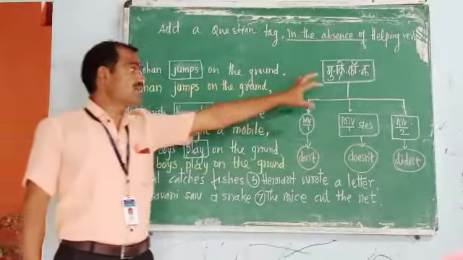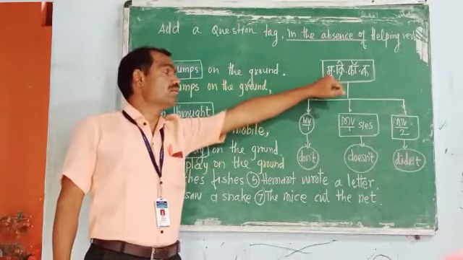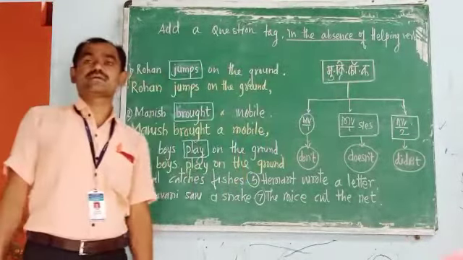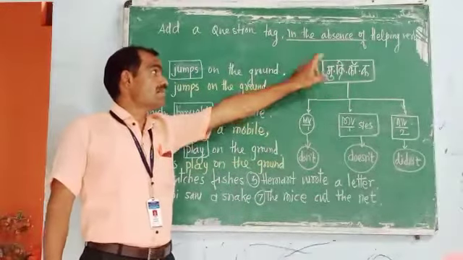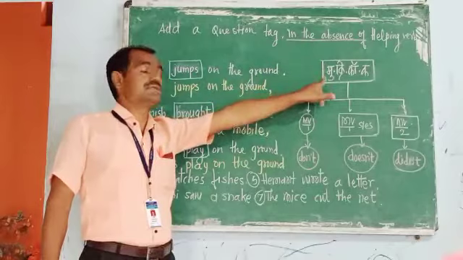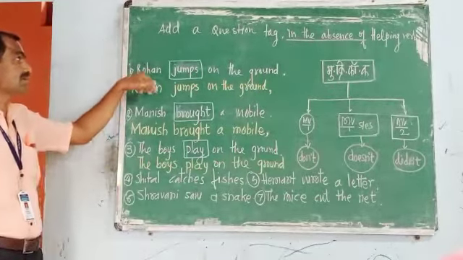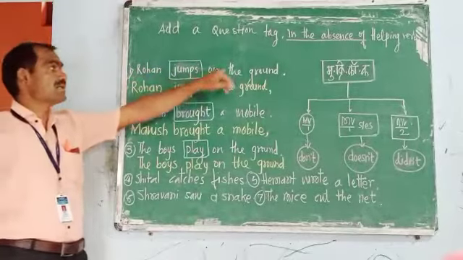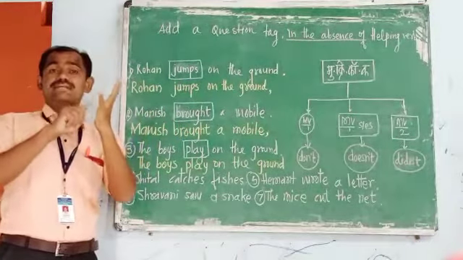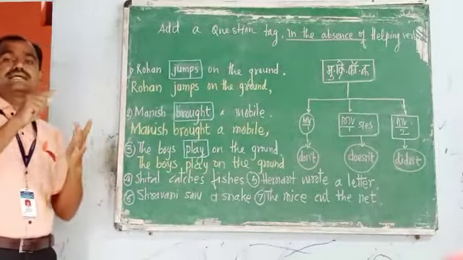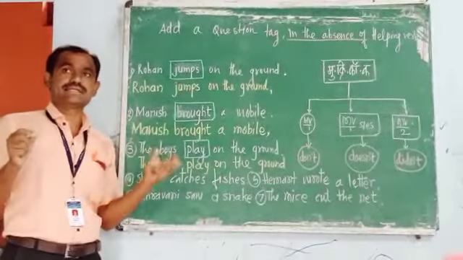Now in this case we have to contact the main verb, that is a Marathi acrostic. In Marathi you can say, if there is the absence of auxiliary verb in the sentence. Let us read these three sentences on the board. Rohan jumps on the ground. You can check yourself whether am, is, was, were, have, had, can, could, may, might, shall, should are in the sentence.